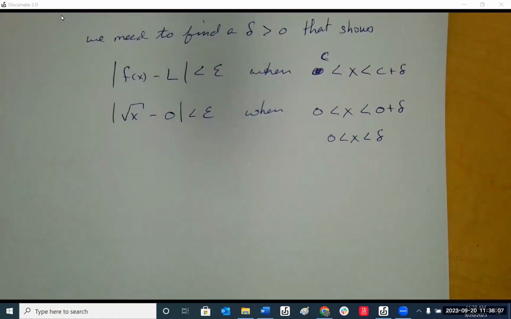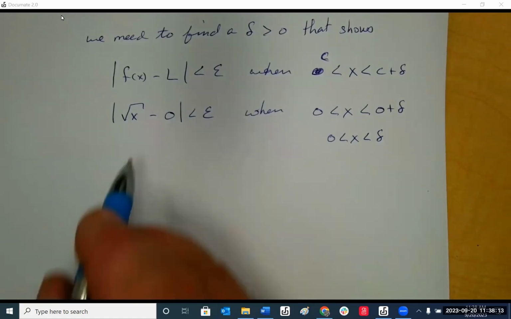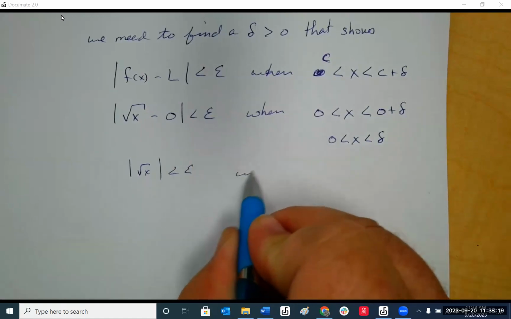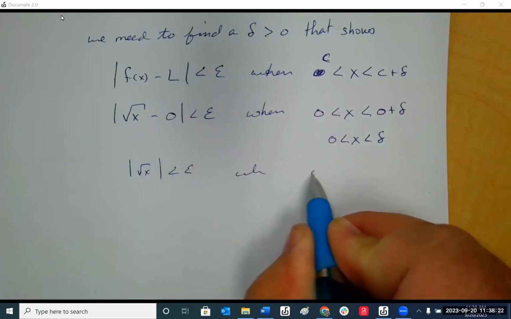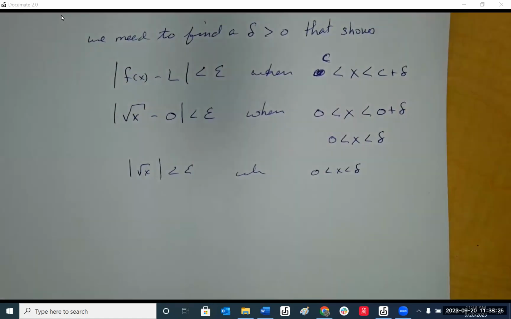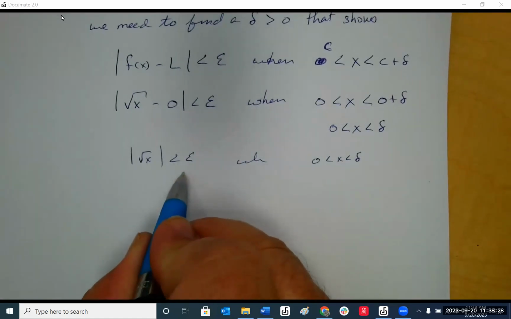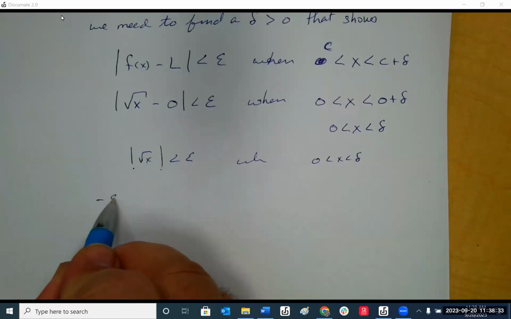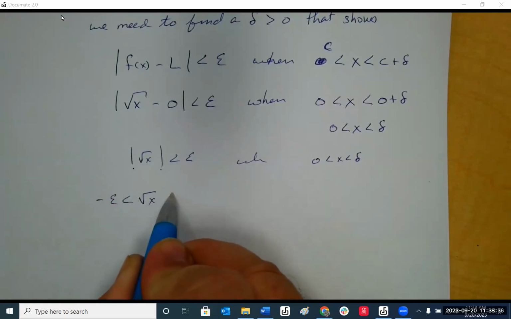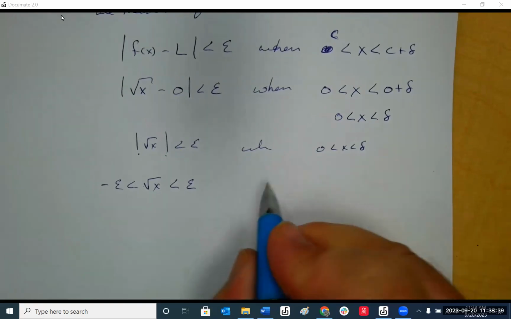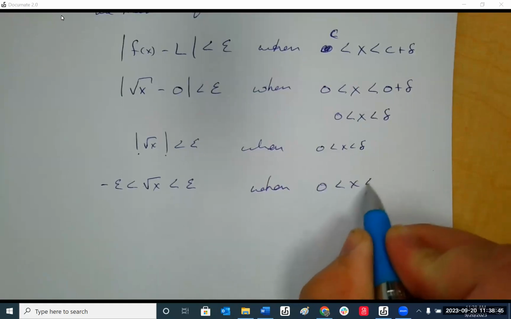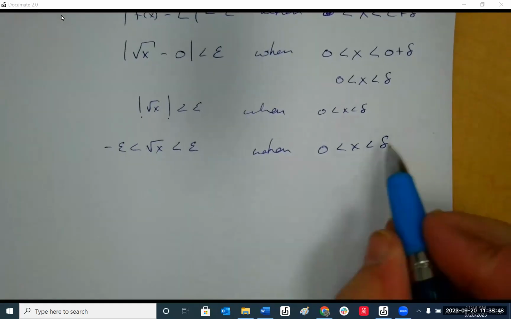Now what we're looking for is a delta value. Okay, we have to get rid of the absolute values, so we get when 0 is less than x, less than delta. Because what we're looking for is this.